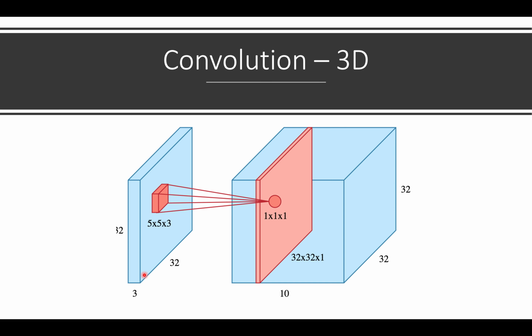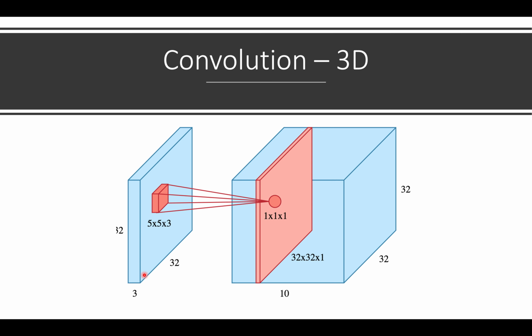When the filter is at a particular location, it covers a small volume on the input, and we perform the convolution operation as described before. The only difference is that this time we do the sum, basically of matrix multiply in 3D instead of 2D, but the result is still a scalar.